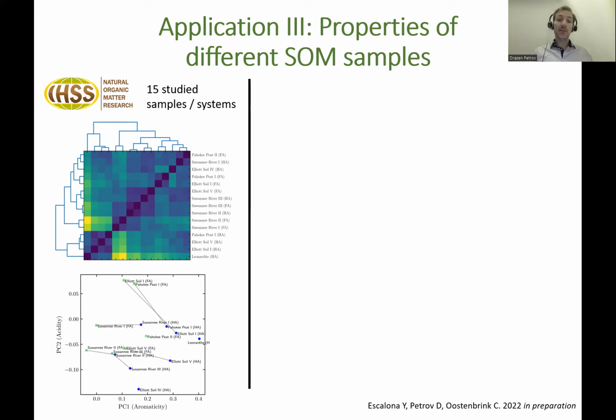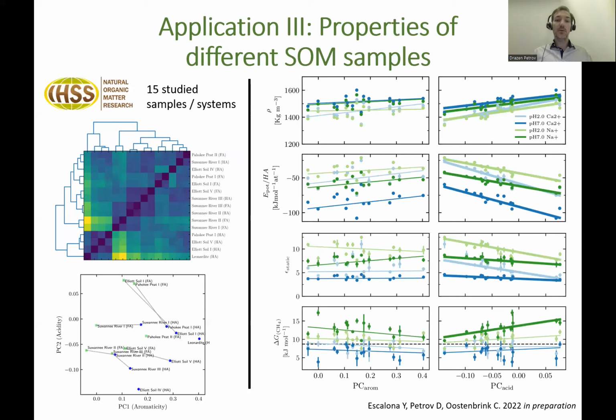And then we simulated these 15 systems and also calculated a range of properties from these simulations. And then we are trying to relate these calculated properties with the composition, or more precisely with these two principal components that come from principal component analysis.